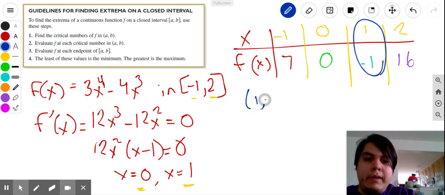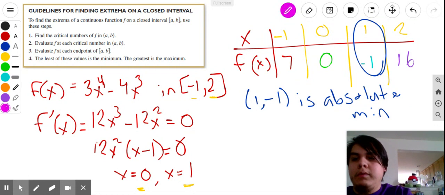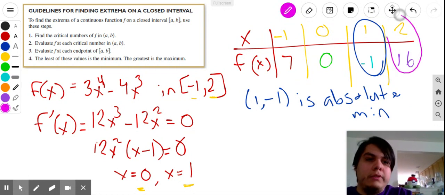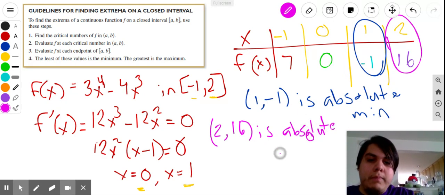So 1 comma negative 1 is the absolute minimum. And this is my highest value. So 2 comma 16 is my absolute max.